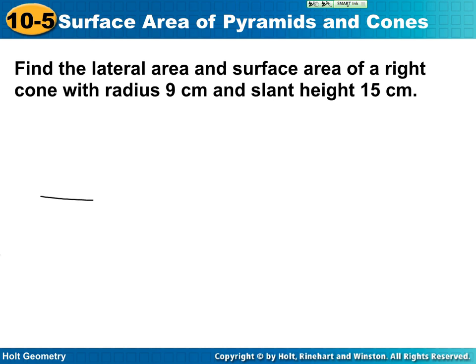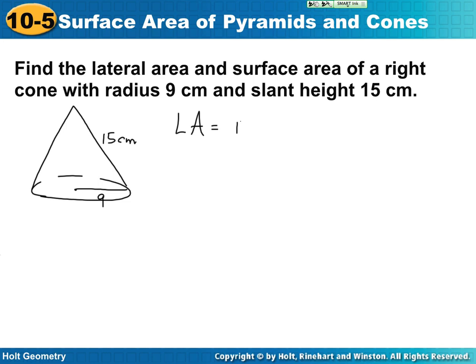So if you haven't, give yourself a picture. Radius is 9 centimeters. The slant height is 15 centimeters. Find the lateral area and surface area. Just keep it in terms of pi.